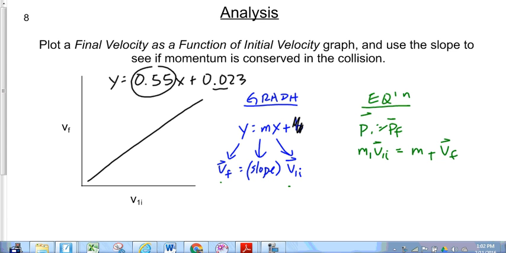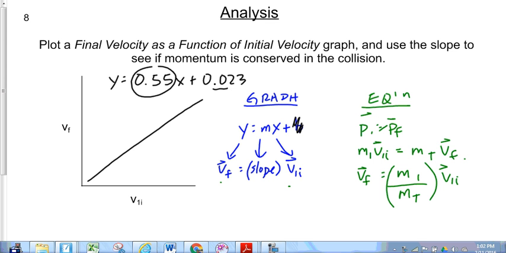Let's rearrange the green one here to look closer to the one that's in blue: vf equals m1 over mass total times v1i. Now we've done all the legwork, the hard work. Now comes the easy part that leads you to a conclusion.